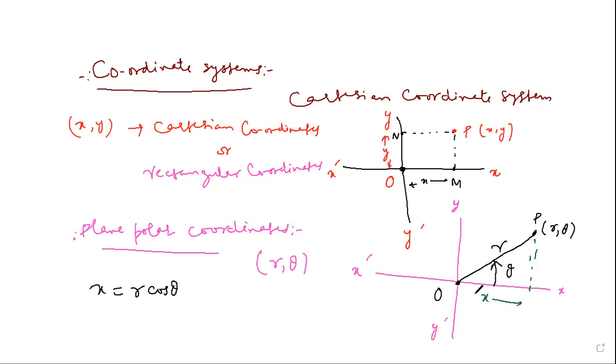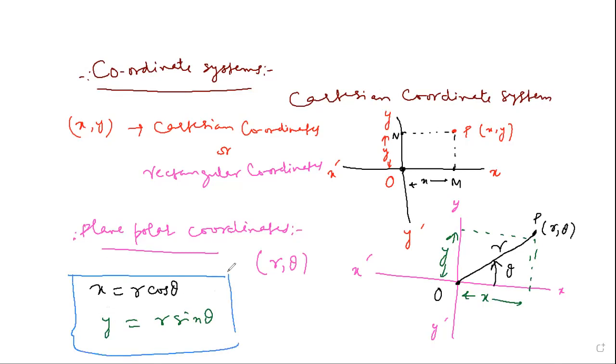And this distance is y. What is y? y is r sin theta. So from these two relations, if we know the plane polar coordinates of a point, r and theta, we can find its rectangular or Cartesian coordinates, right?